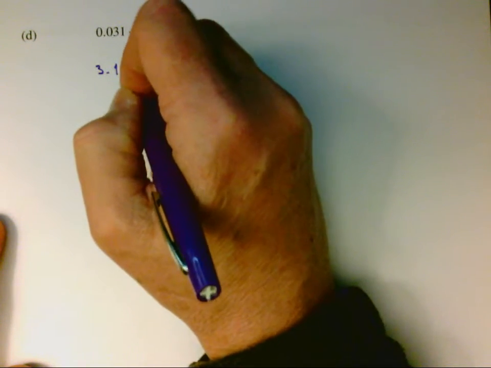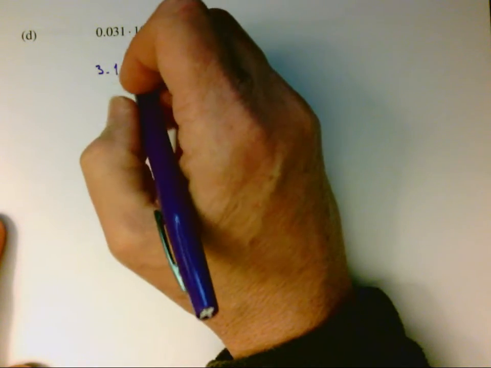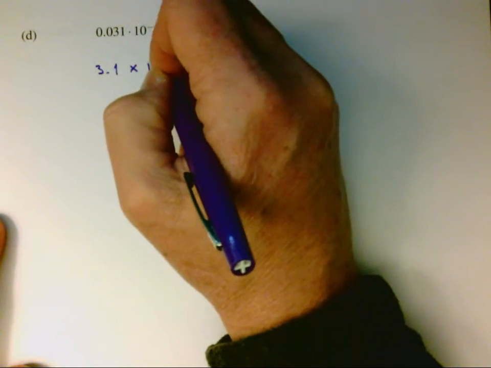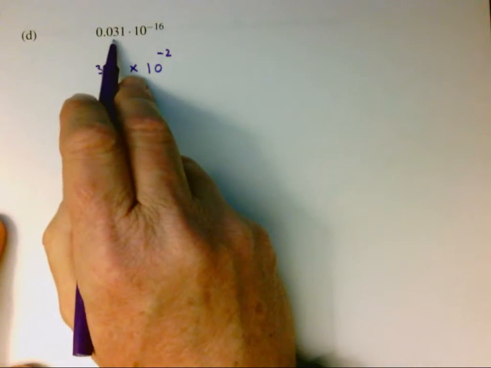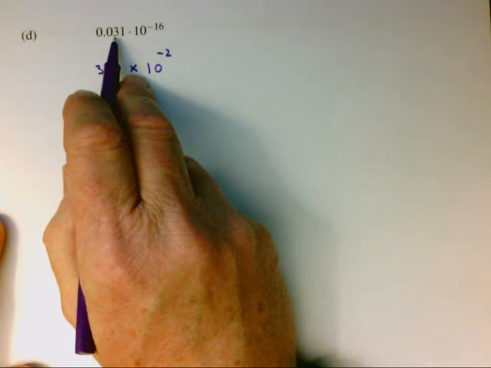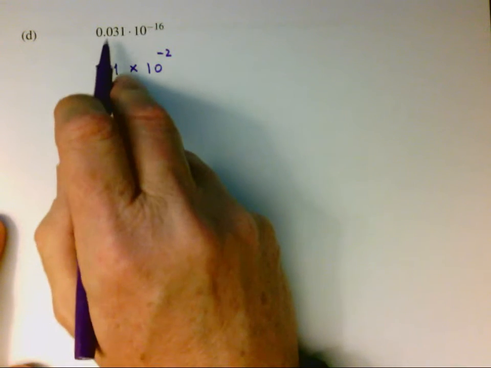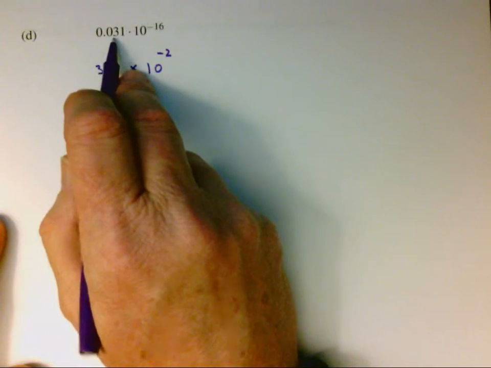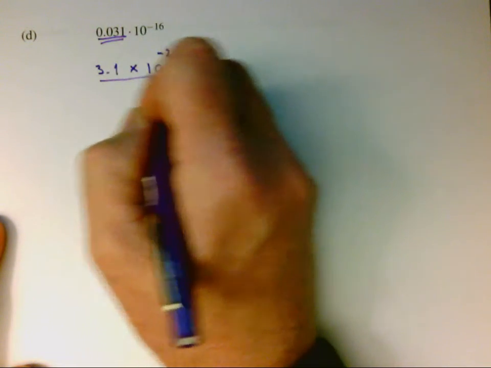Well, 0.031 is 3/100ths. That's 10 to the negative 2 because the 3 was in the 10 to the negative 2 place. So 10 to the negative 1, 10 to the negative 2. So this and this are the same thing.